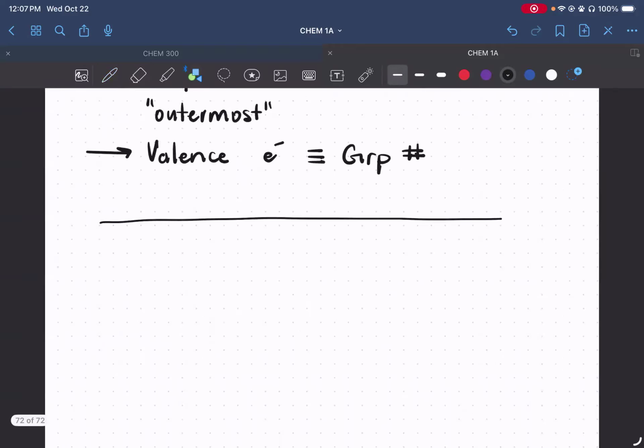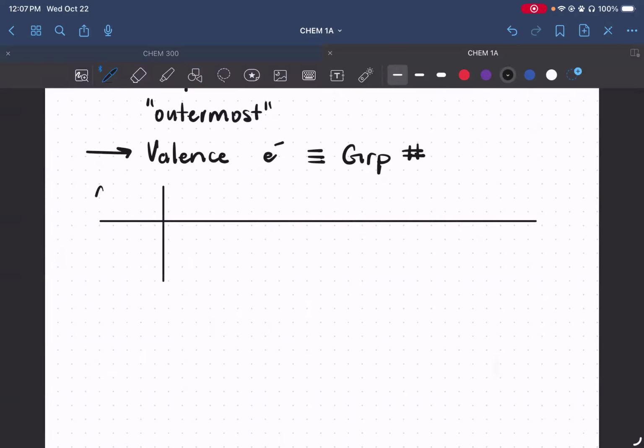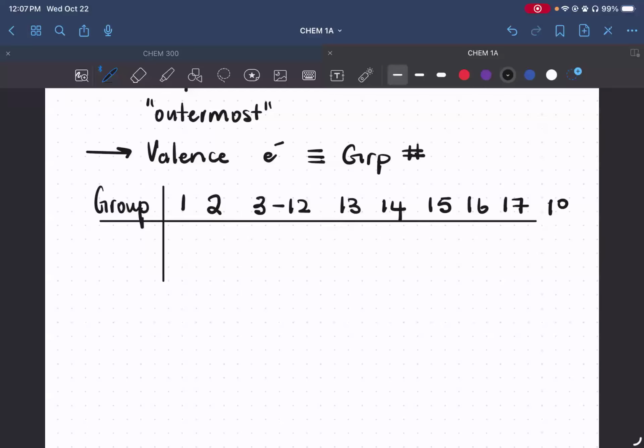So to remind ourselves, let's go through all of the groups and how many valence electrons we expect to find. We have groups 1, 2, 3 to 12, 13, 14, 15, 16, 17, and 18. Let me put some lines between these so it's easier to see the separation.